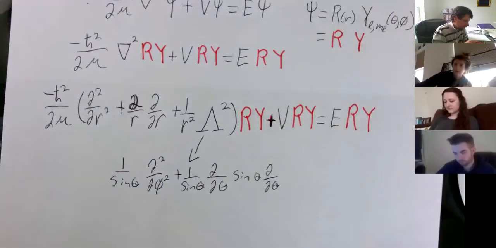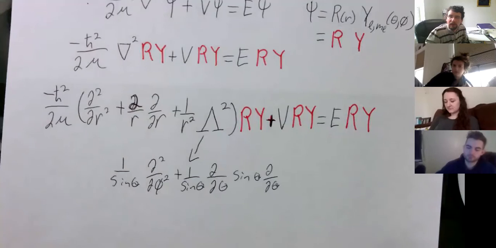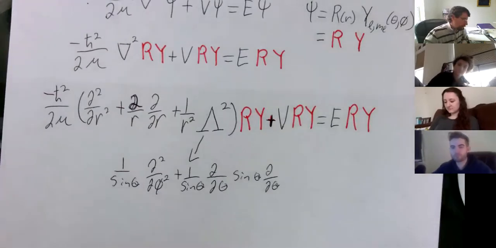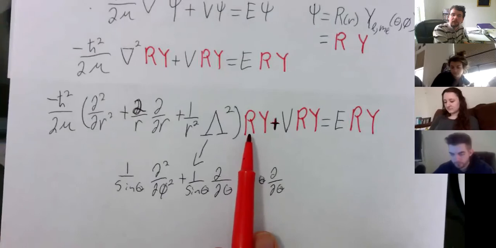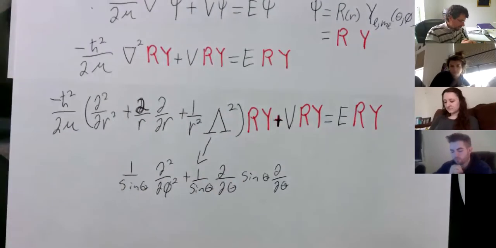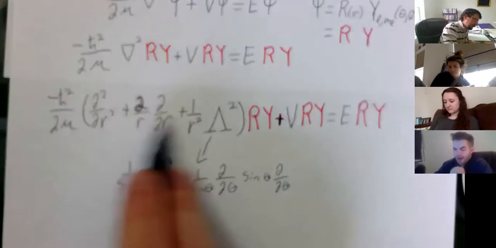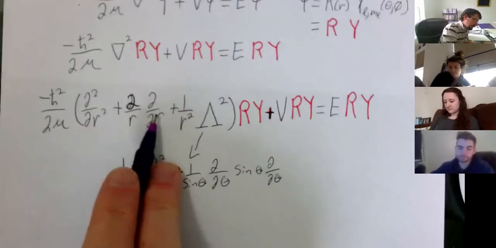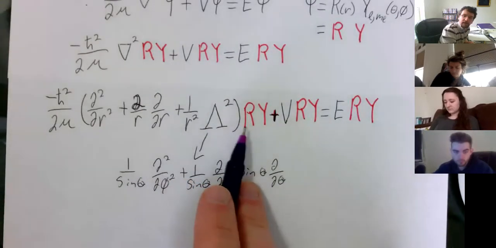You could just divide by ry, but then you get this complicated expression. Well, if you know that r depends on the r-related terms, what parts of this are these differentials going to influence?